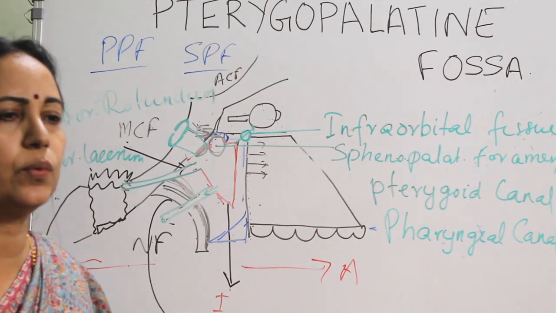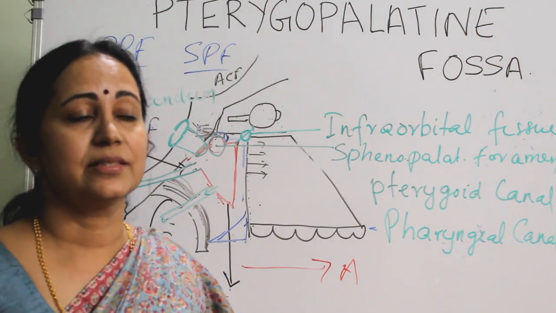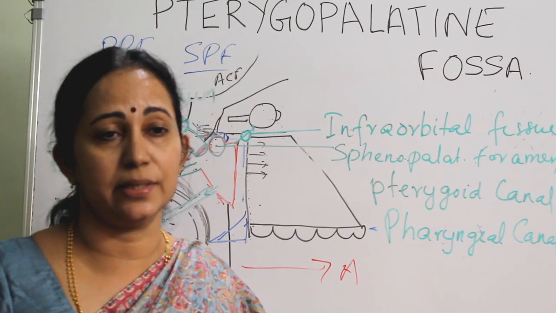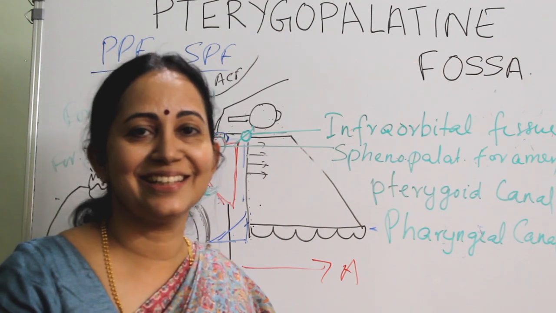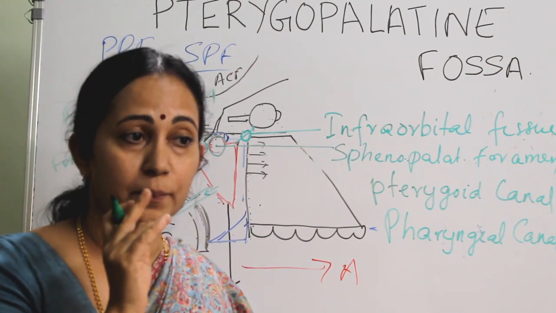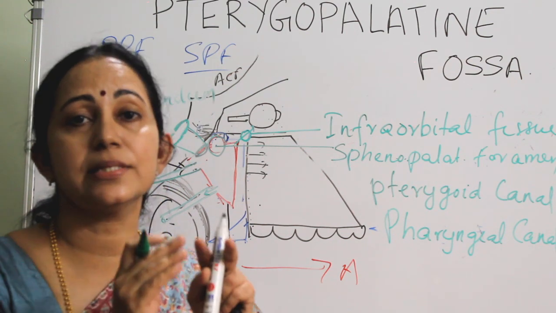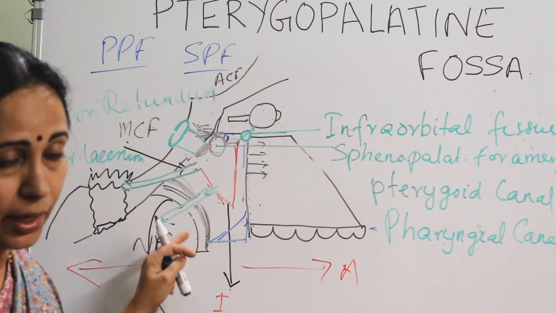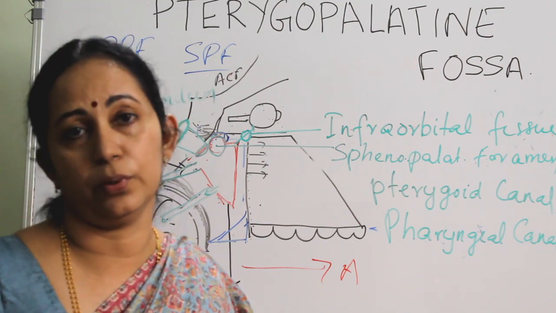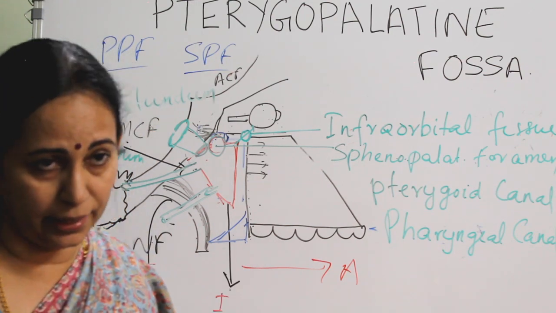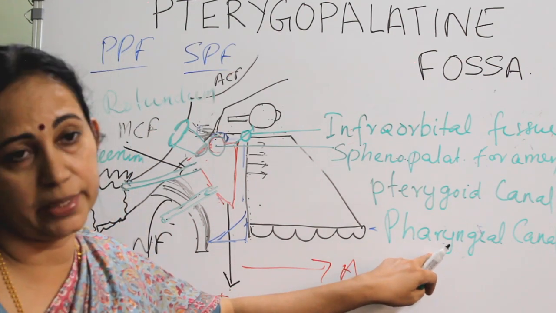Why is it called the palatovaginal canal? Somebody once told me that it is a canal going from palate into the vagina. Never, don't think like that. It is a canal formed by two bony processes: one is the vaginal process of the pterygoid bone and also part of palatine bone. So that is why it is called the palatovaginal canal, or pharyngeal canal.